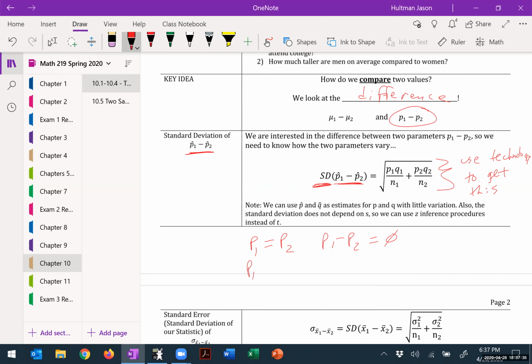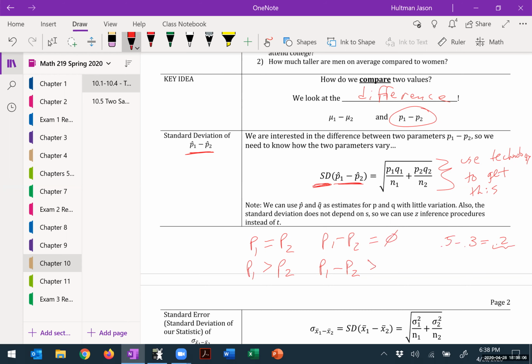What if P1 happened to be bigger than P2? Say that P1 is 0.5 and P2 is 0.3. What happens when I subtract them? Big number minus small number is a positive number. This is where we care about the sign.